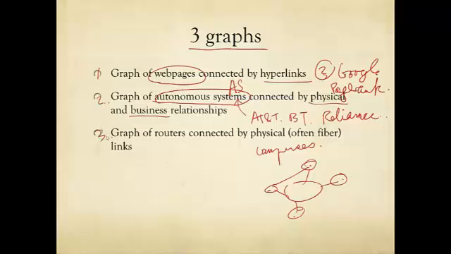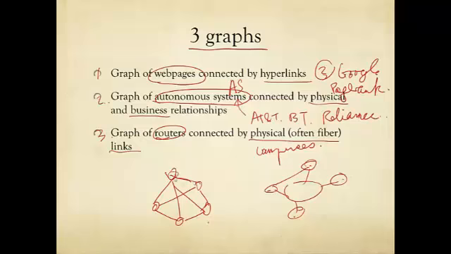The third type of graph, which is the focus today, is the graph of routers, connected by physical, often fiber links. So if I just give you a picture of a graph, this could be a graph where the nodes are web pages and links are hyperlinks.